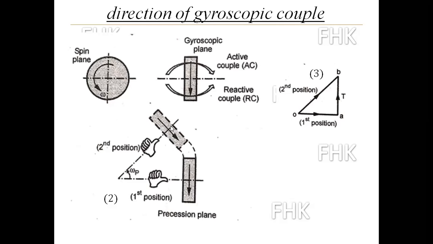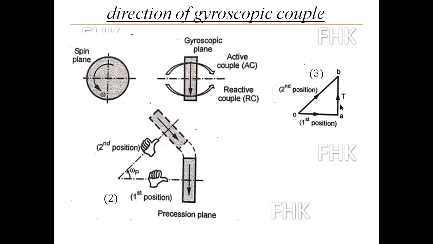At that time the thumb is showing the direction of the vector in the second position, so the direction of vector OB is from O to B. So the resultant vector is A to B, from first position to second position. A to B. All that figure you have to draw in the examination.